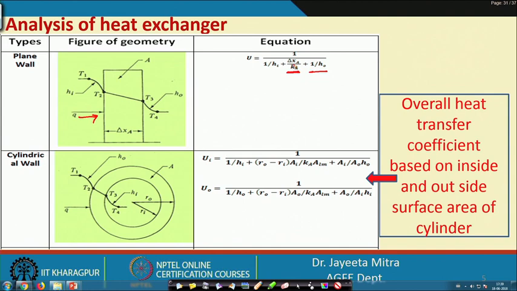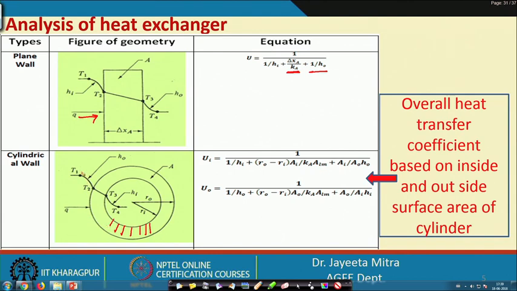Now, we have taken here delta x A by K A because the heat has to flow through this thickness delta x A, where the conductivity of the material is K A. But if we are handling a cylindrical wall, for that matter concentric tubes in a heat exchanger, inside there is a fluid and outside there is another fluid, and this is the wall of a pipe.